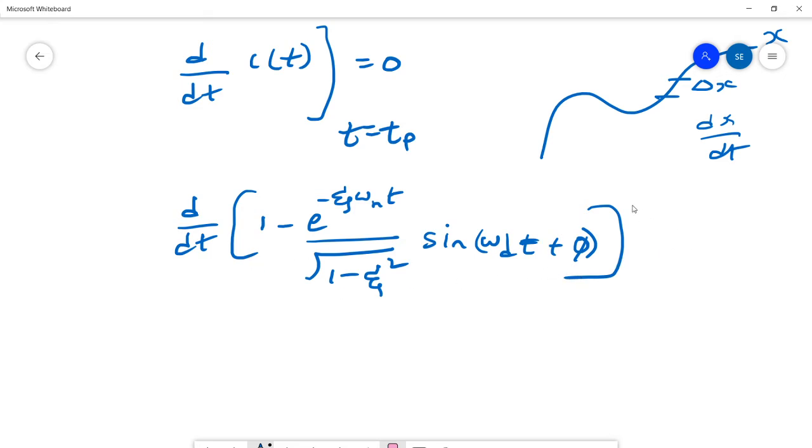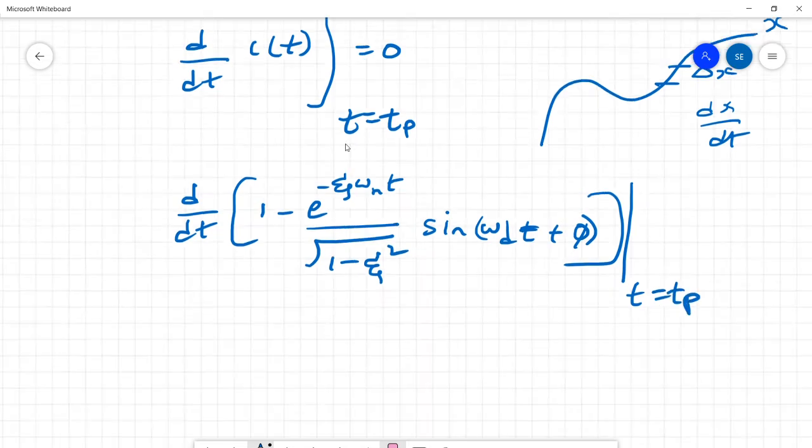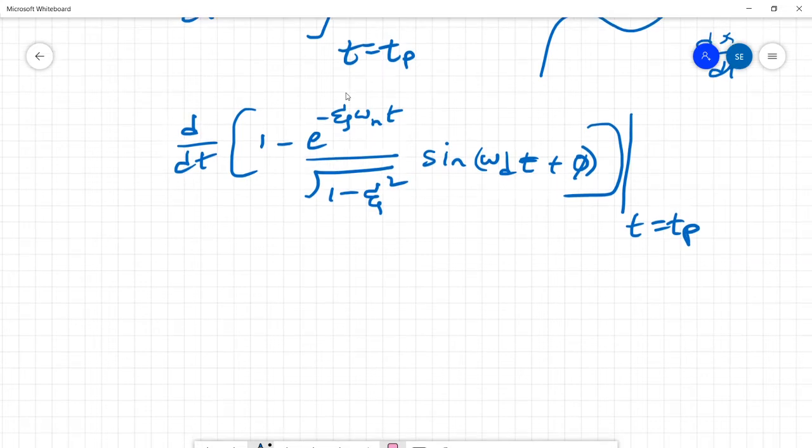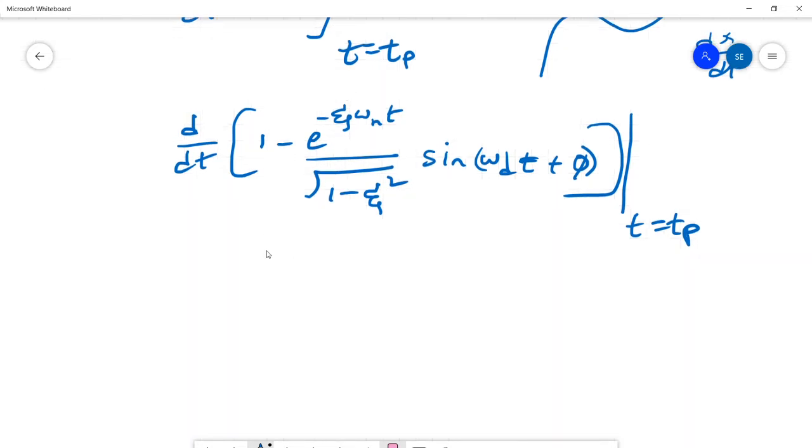So what we are trying to do is at t equal to Tp. Now substitute t equal to Tp in our expression and derive it. What is the derivative of 1 with respect to t? The derivative of 1 is 0, so this will become 0.